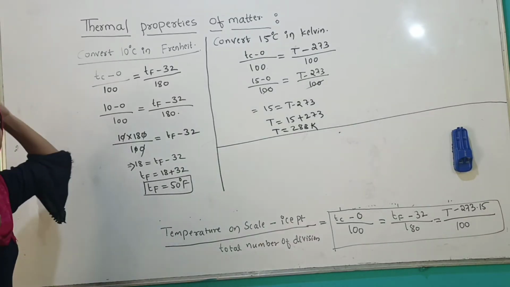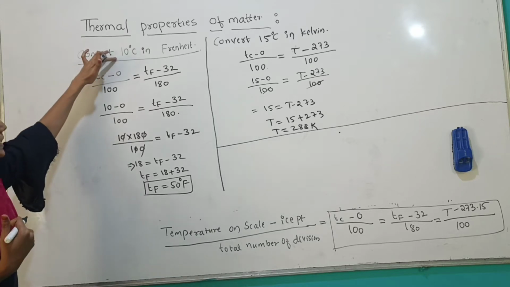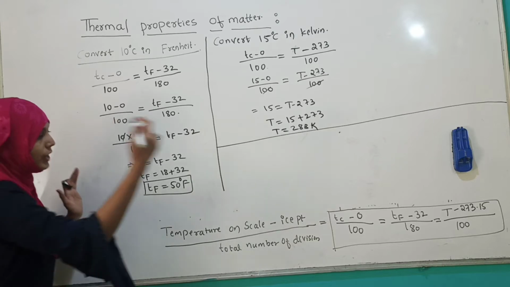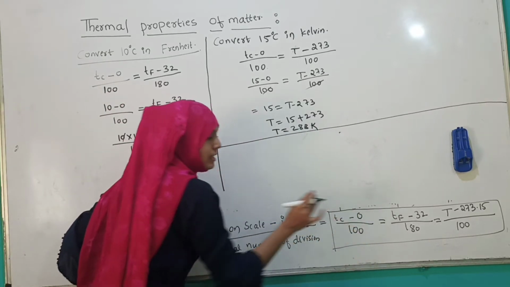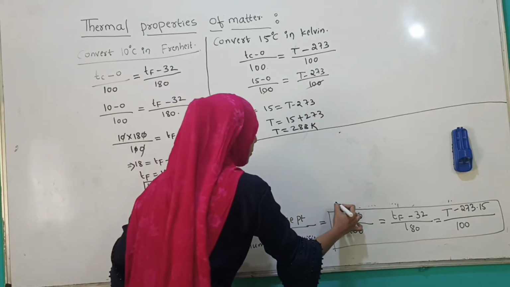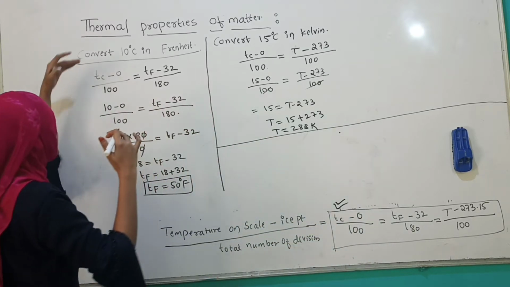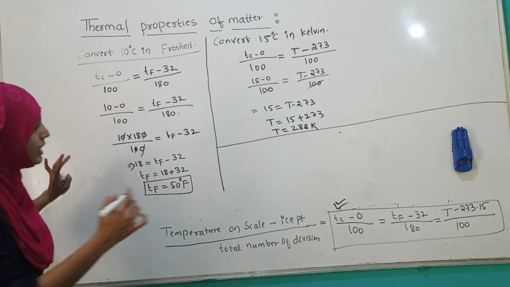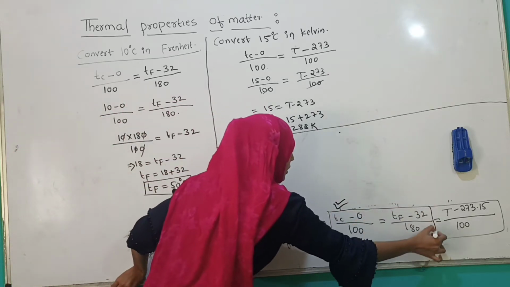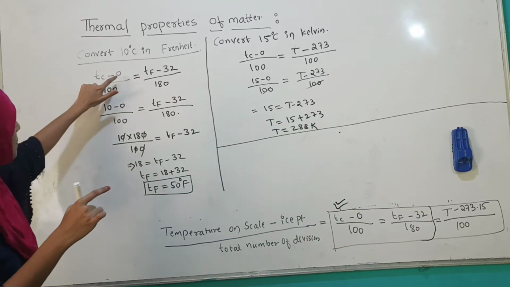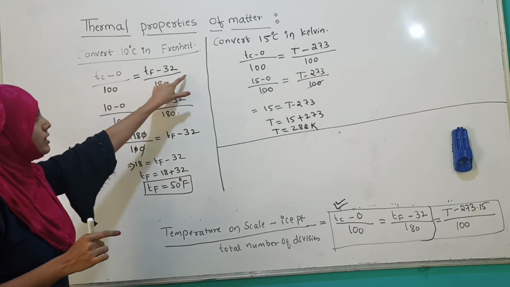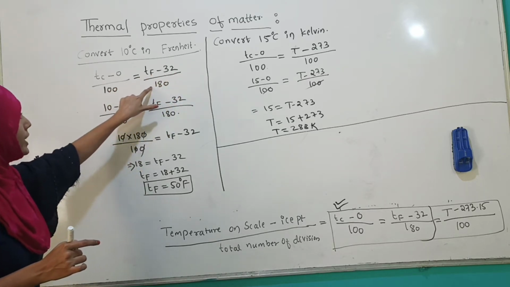See here guys, you have to convert 10 degrees Celsius to Fahrenheit. We have the relation (Tc minus 0) divided by 100. From this relation we can convert degree Celsius into Fahrenheit. By the equation, (Tc minus 0) divided by 100 is equal to (Tf minus 32) divided by 180.